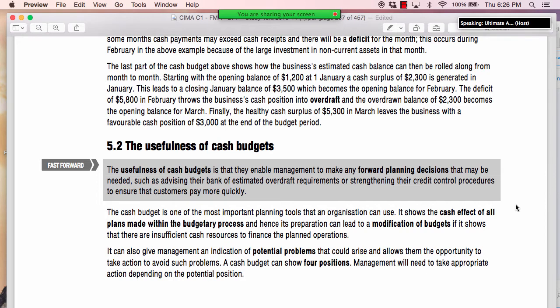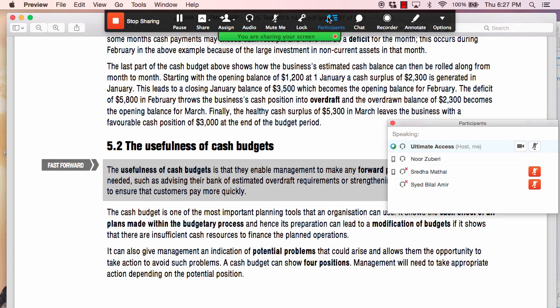Now, why do you think the cash budgets are useful for us? Srida, why do you think the cash budgets are useful for us? Why do we do these cash budgets?